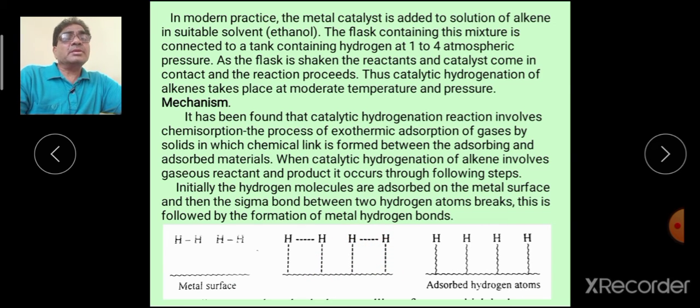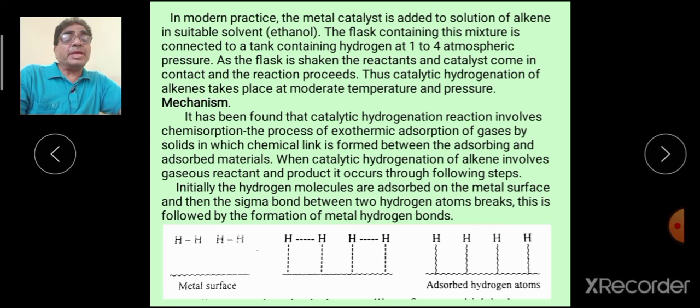Here adsorption takes place, and then the sigma bond between two hydrogen atoms breaks, and it is followed by formation of a metal hydrogen bond. This is a metal hydrogen bond.